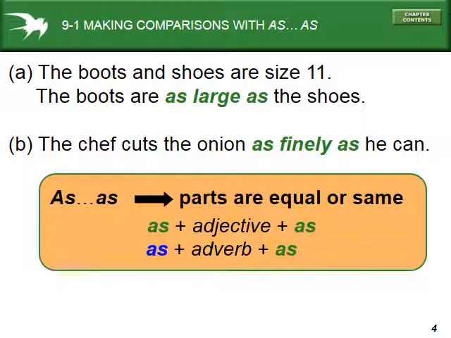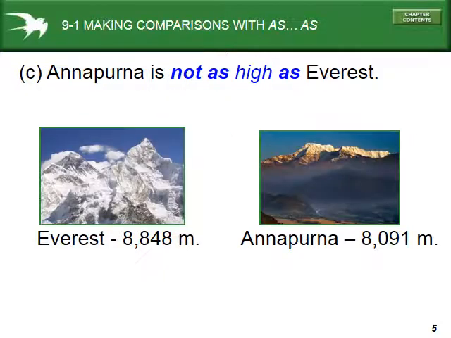In the first one, we say that the boots are as large as the shoes. We're saying they're both the same size. In the second one, it says the chef cuts the onion as finely as he can. This isn't really a comparison, but it means as small as he can possibly do it.